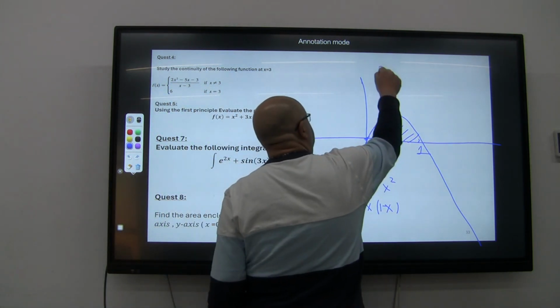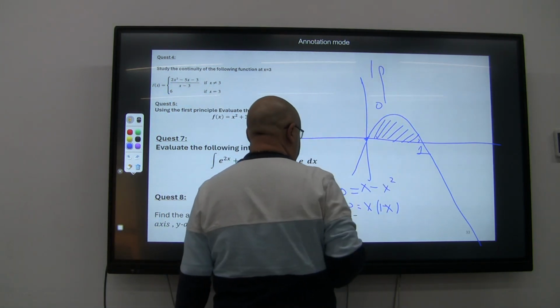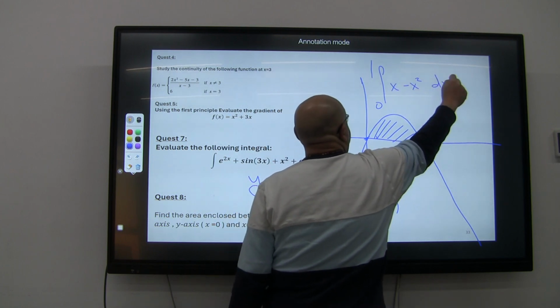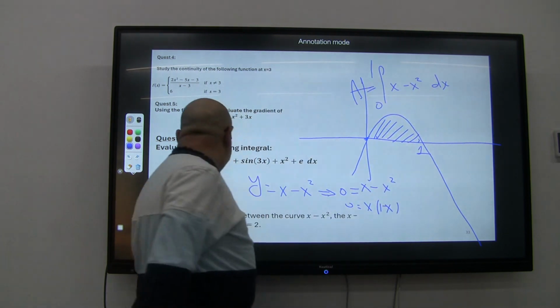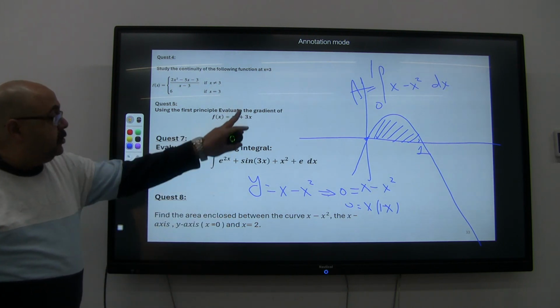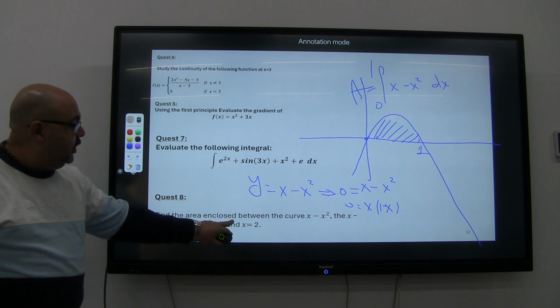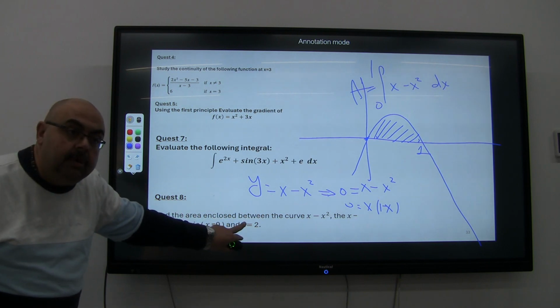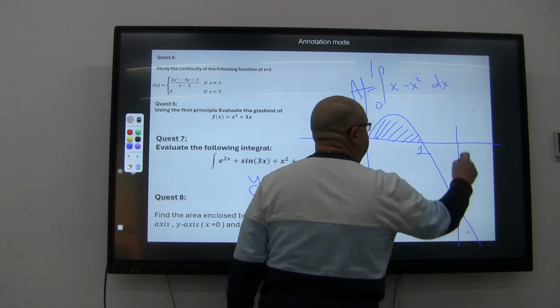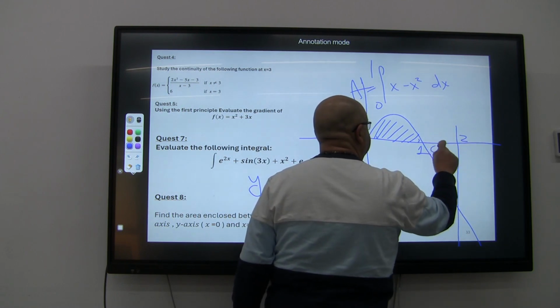So all you have to do is just integrate from 0 to 1 the function x minus x squared with respect to x. You will get your area. Okay, this is a part of it because he wants you to integrate up to x equal to positive 2. So I will have to go for this part too.